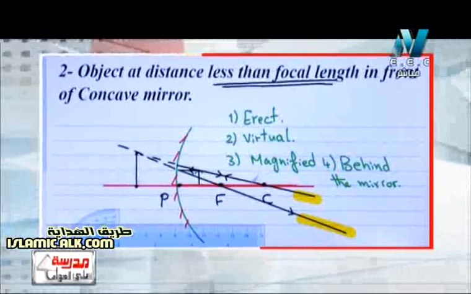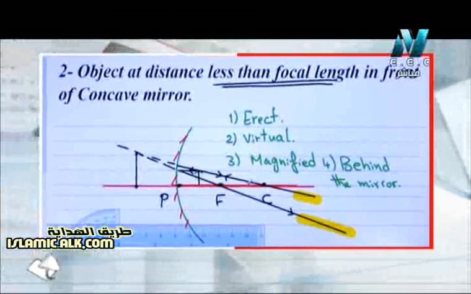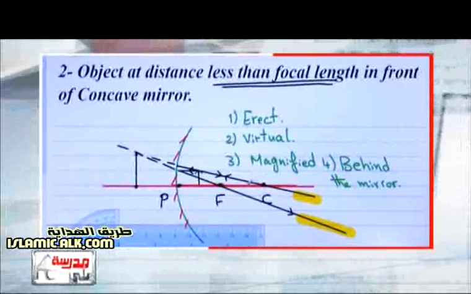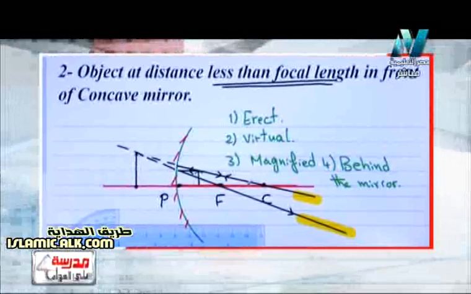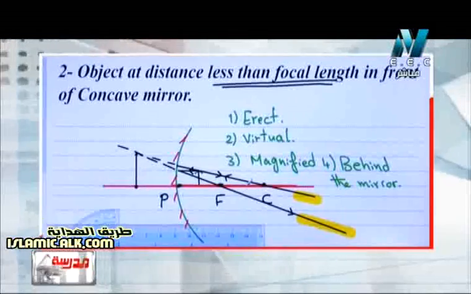As we have here, dear students, we should know how we can differentiate between the cases of the spherical mirrors and the convex lenses, because we have rules to draw the light rays in spherical mirrors and in lenses. We have a great difference: light reflection and light refraction, but we use the same rules.